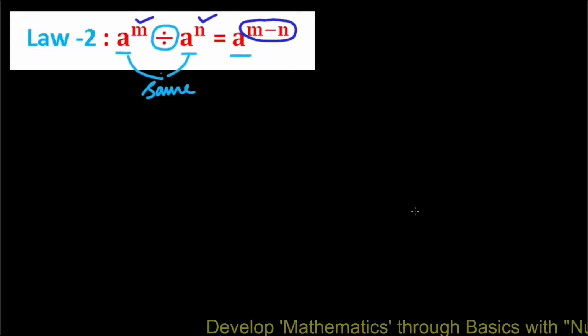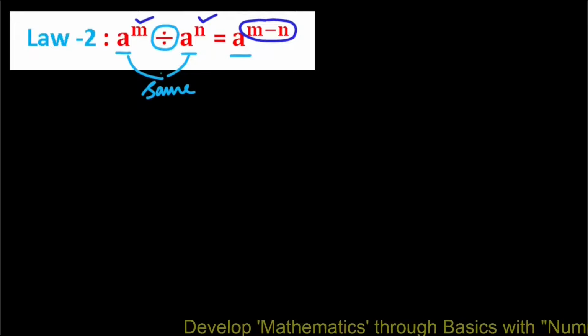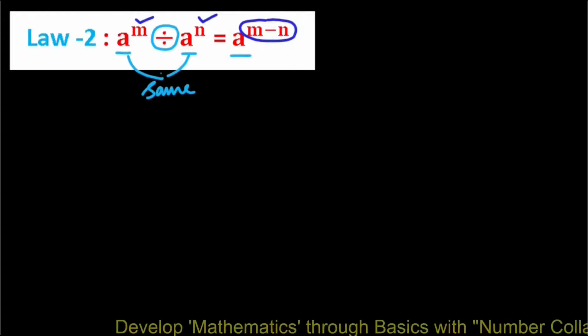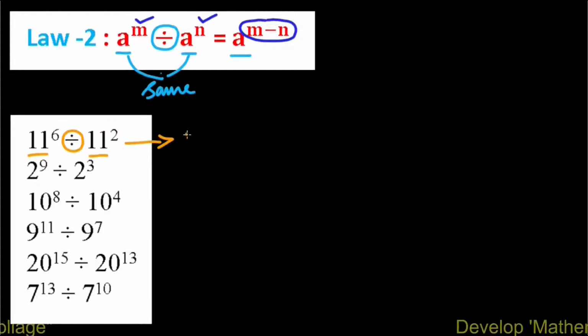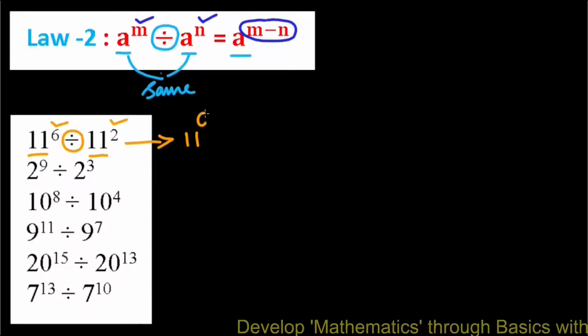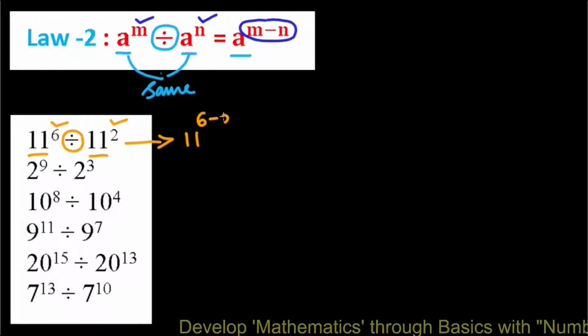To understand this second law better, let us solve some examples. There is division sign between the two numbers. The base is same, so we have to raise this same base 11 to the subtraction of the powers of the individual numbers, that is 6 minus 2.